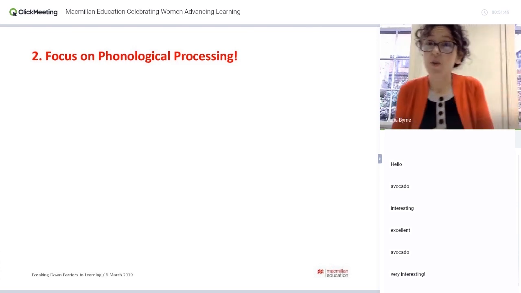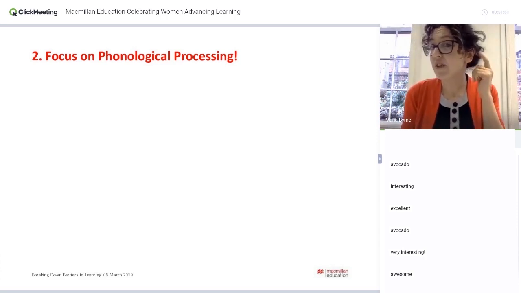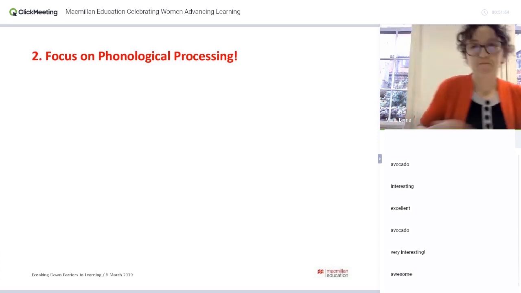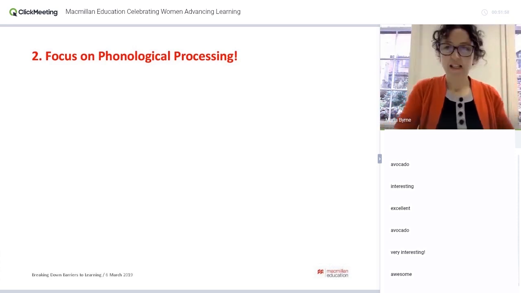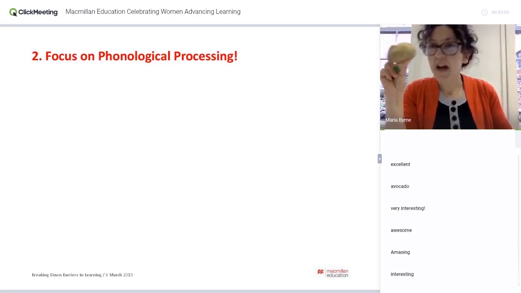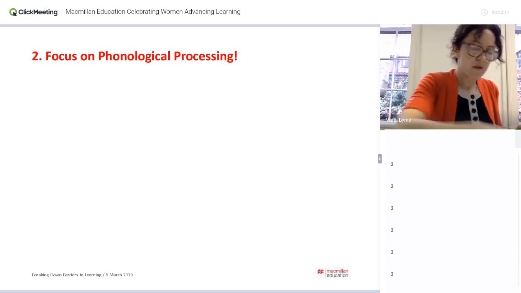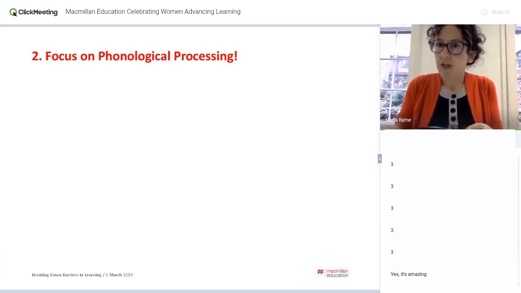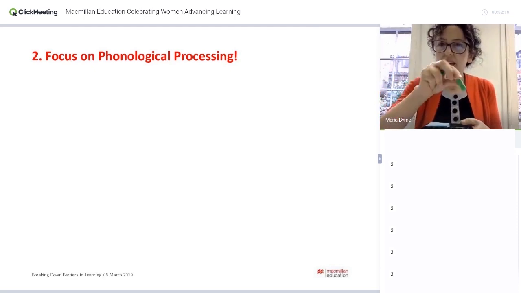Another activity which you can do with really large classes, or small classes, really focuses on phonological processing. If we work with this word, potato, how many syllables? Three. If I'm the teacher and I say the word potato, my students have these little rods.